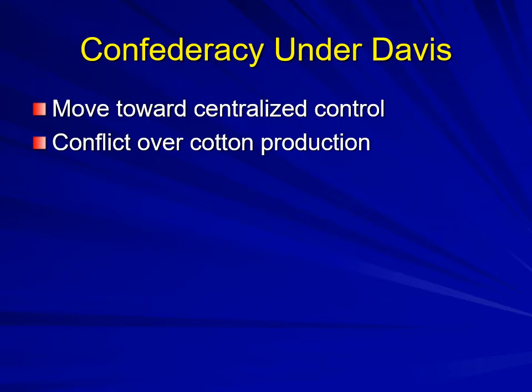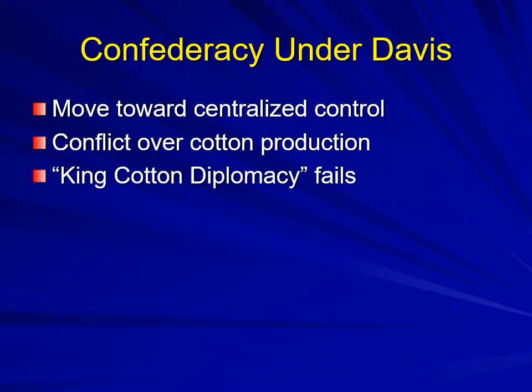And here comes Davis saying, I know that's what we're fighting for, but I need you to stop it for a little while and grow wheat. And of course, there was resistance to this. So here's an example of how Davis is trying to govern in a way that will be effective for the exigencies of fighting the war, but one that runs into a collision with the whole ideology and rationale of the Confederacy.